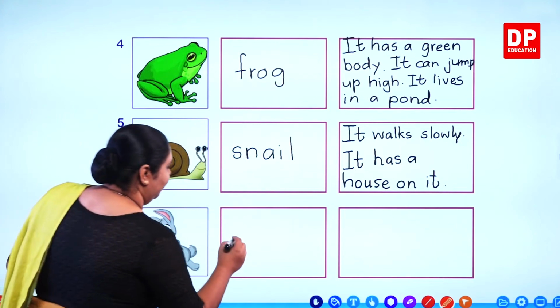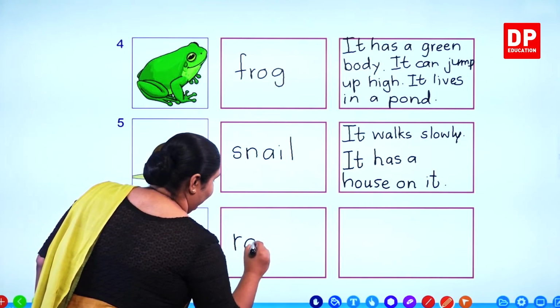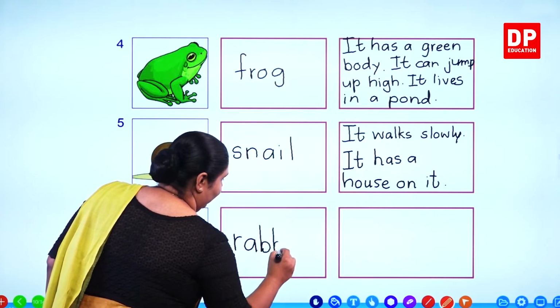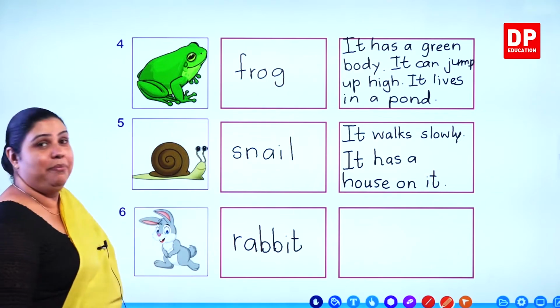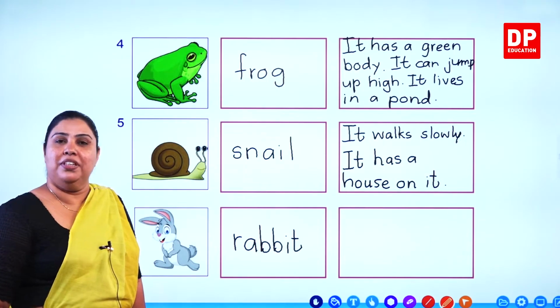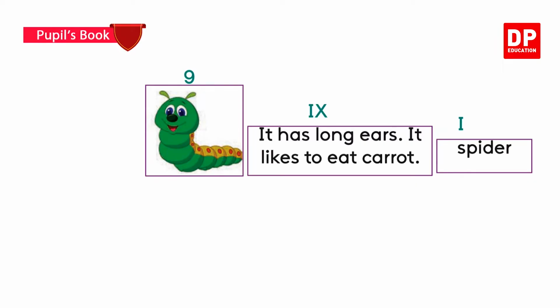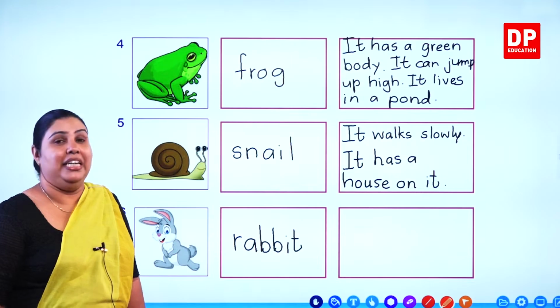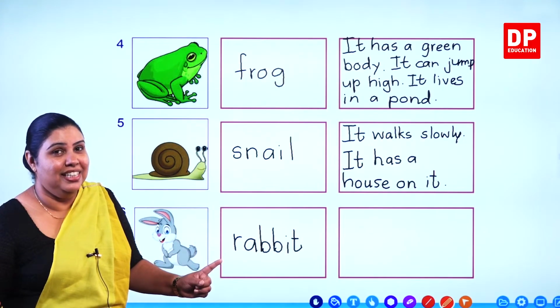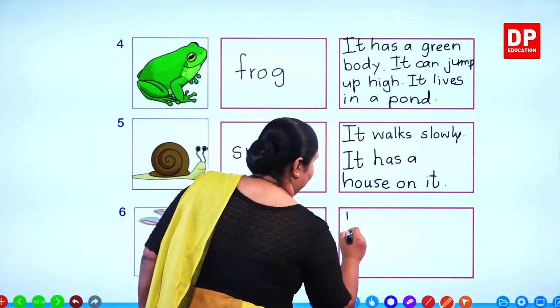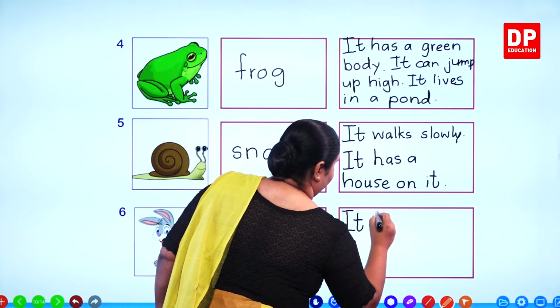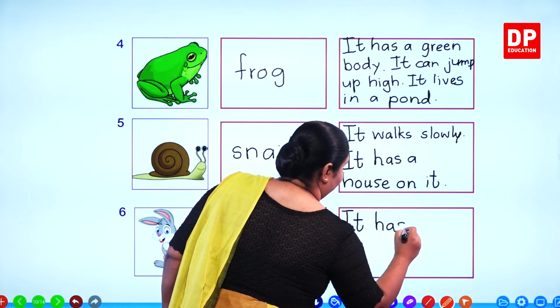How do we write rabbit? R-A-B-B-I-T. Rabbit. This is the rabbit. Now what is the description of the rabbit? It has long ears. It likes to eat carrot. Can you remember? It has long ears.